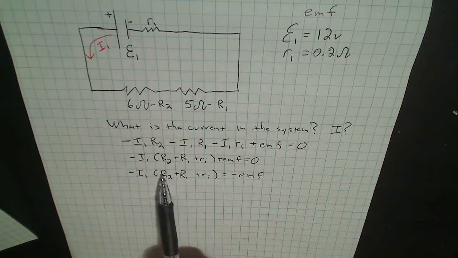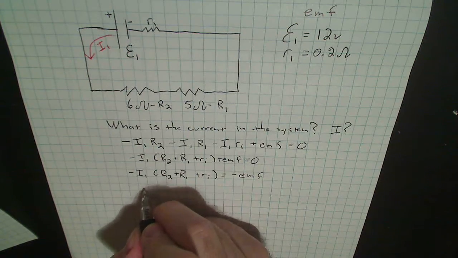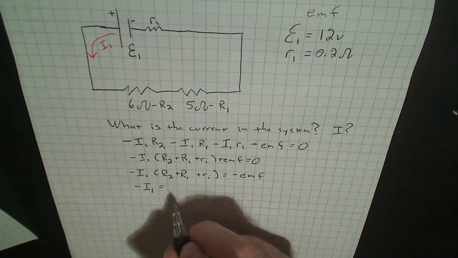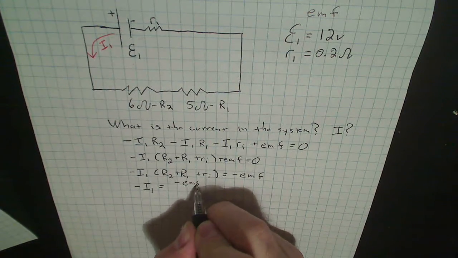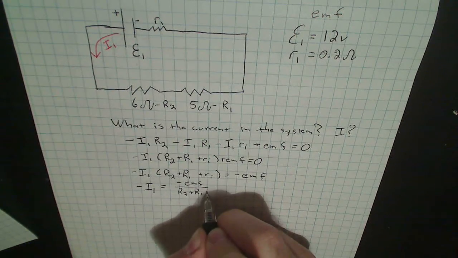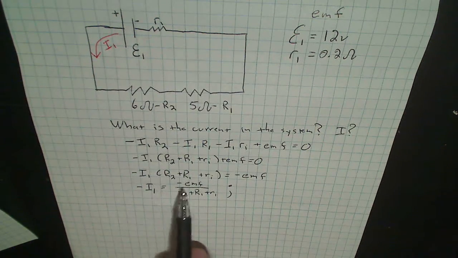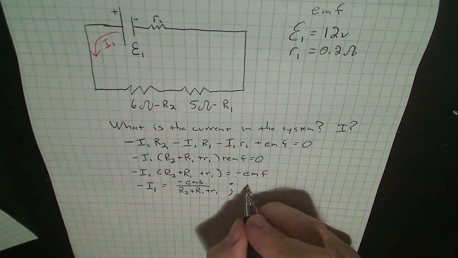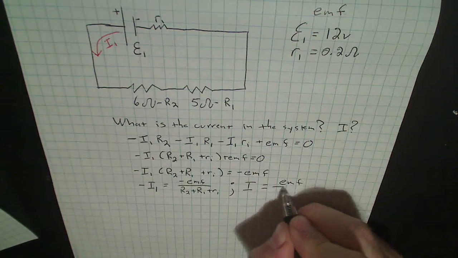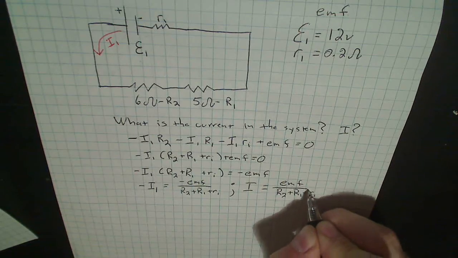Divide both sides by the units of R, so minus I1 is equal to minus EMF over R2 plus R1 plus r1. Now we multiply both sides by minus 1 to get rid of the minus sign, so we're left with I is equal to EMF over R2 plus R1 plus little r1.